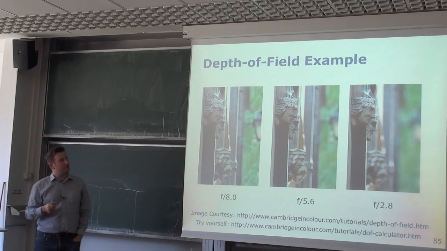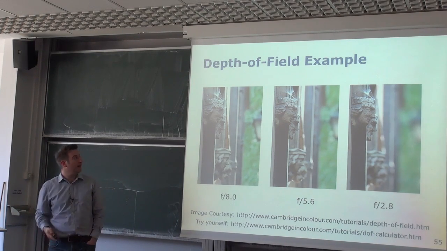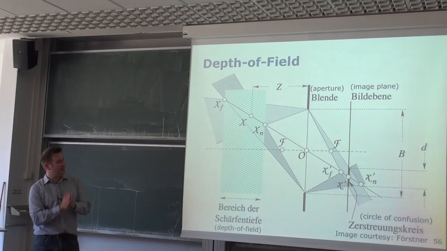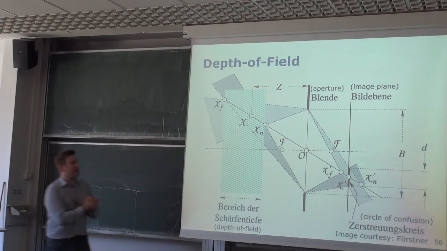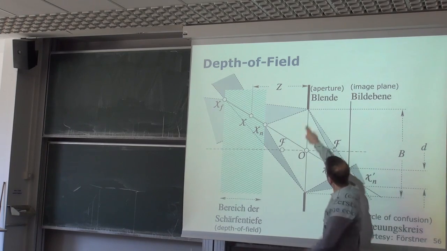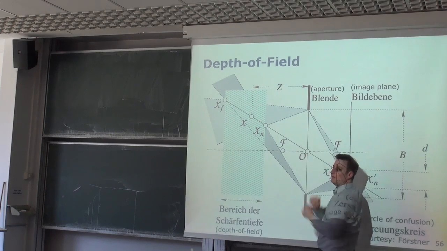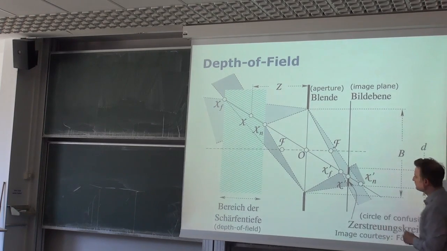And the next thing I would like to do is explain why this is the case, where this actually comes from. We can nicely illustrate this by this figure. This looks a little bit scary in the beginning, but it's actually not. So we have here our lens, and this is the aperture. The smaller this gets, the closer we reach the pinhole model.